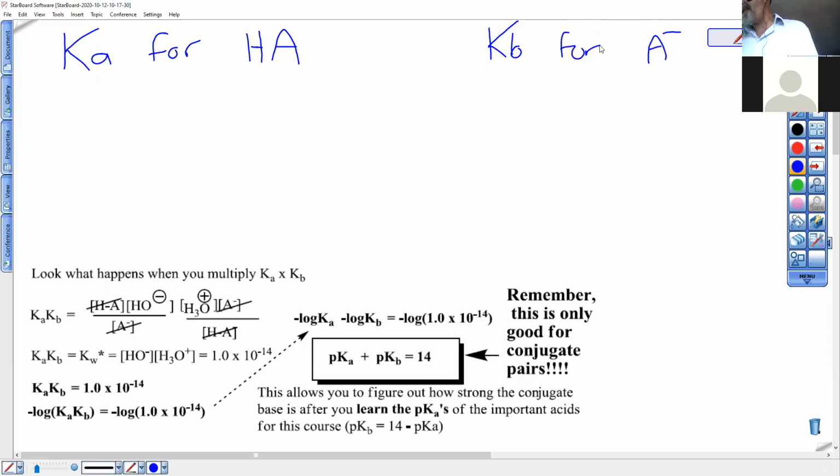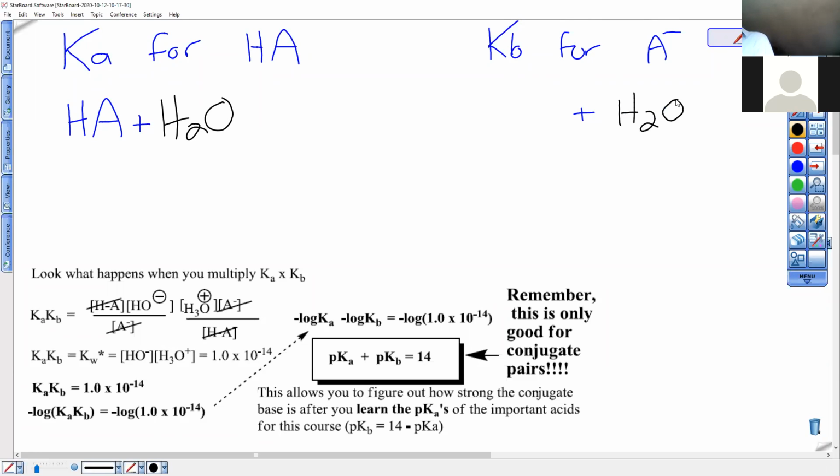If an acid reacts with water, then it's the Ka reaction. If a base reacts with water, then it's the Kb reaction. They both are related to water. And here's the base. And what's an acid going to do to water?